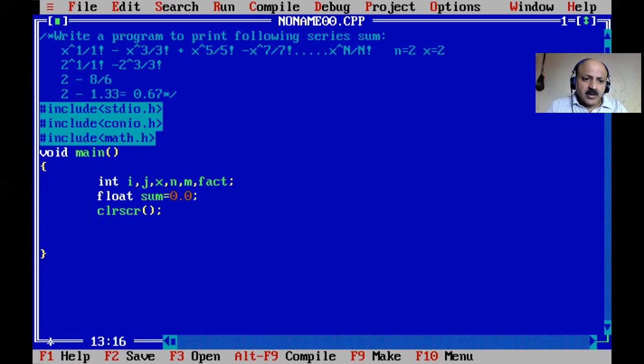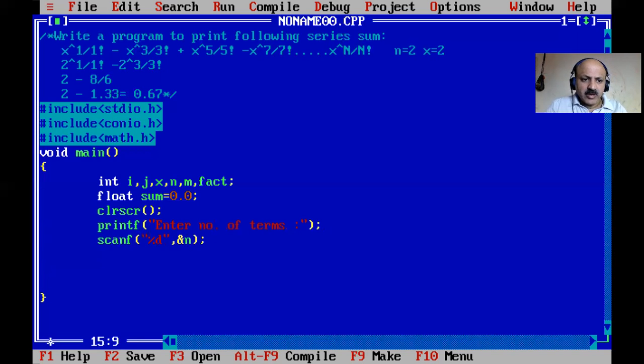Now first we scan the n number of terms: enter number of terms, and scan the n value with percent d and ampersand n.